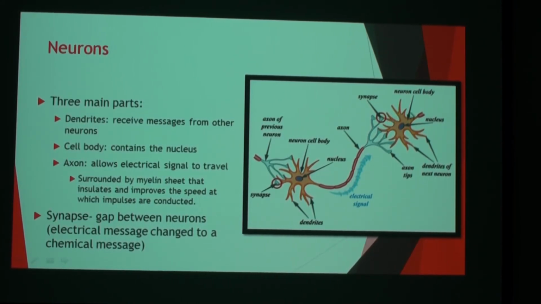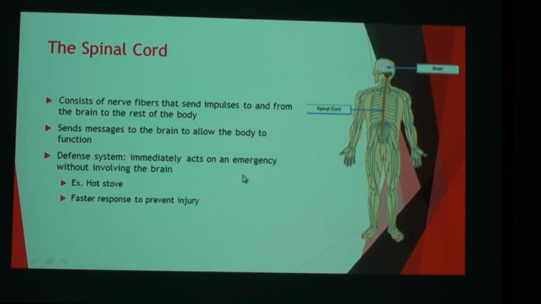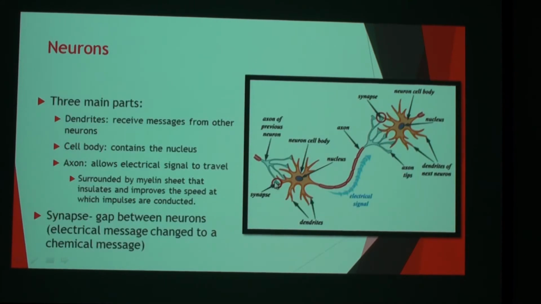Then the other neuron gets it on its dendrites and processes it, and it travels again through the axon and through the tips of the axon, and that's how a message travels from one neuron to the other, all the way till it reaches the brain.